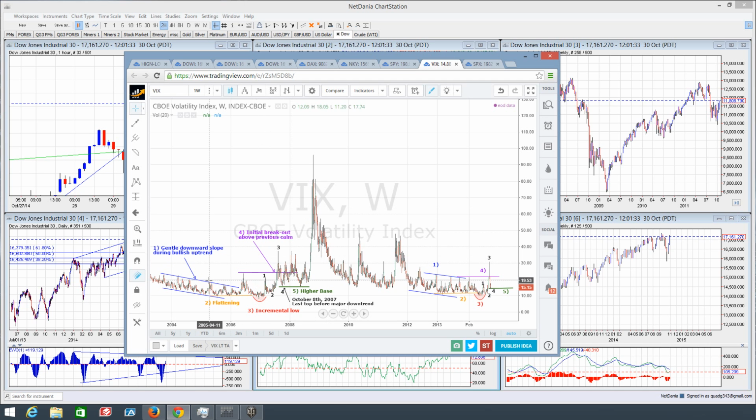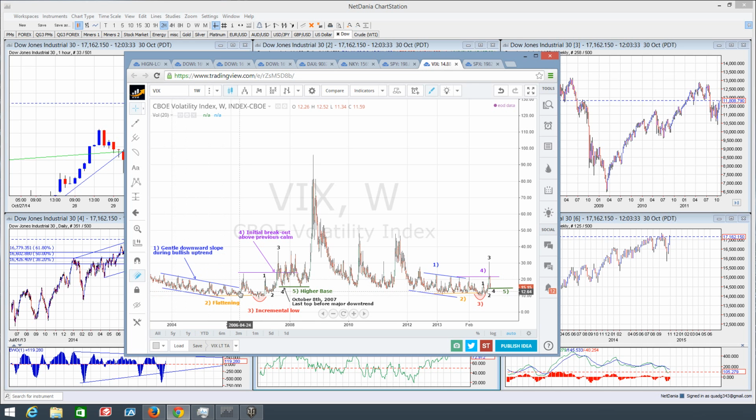And during the advance from the 2002 low into 2007, we did see the VIX move down in this very tight, gentle, sloping, range-bound move, while the price in the S&P 500 was moving up. And that's a sign of a healthy uptrend. Except right about here, in late 2005, as the price was moving up in the S&P 500, we started to see the VIX flatten out.